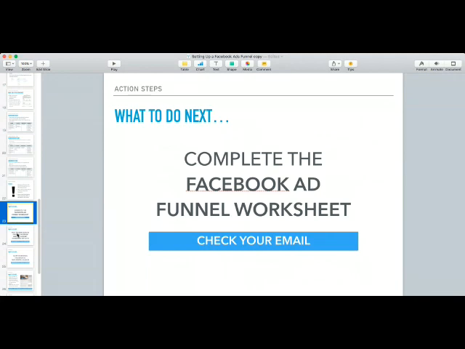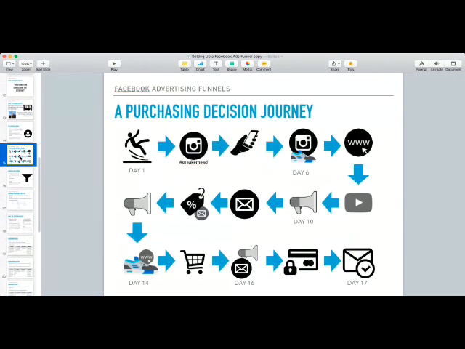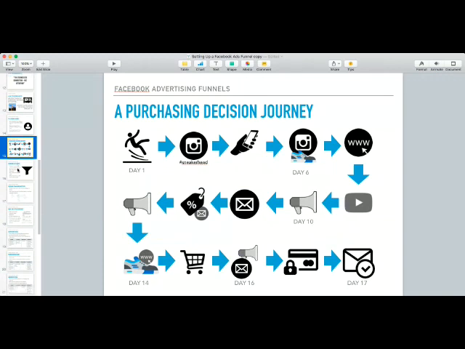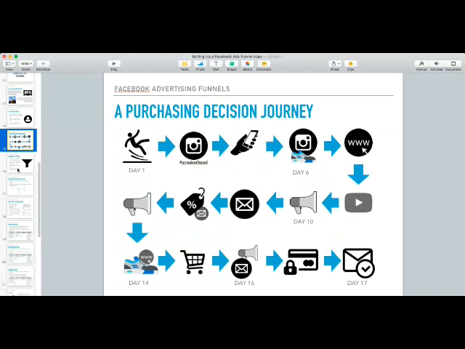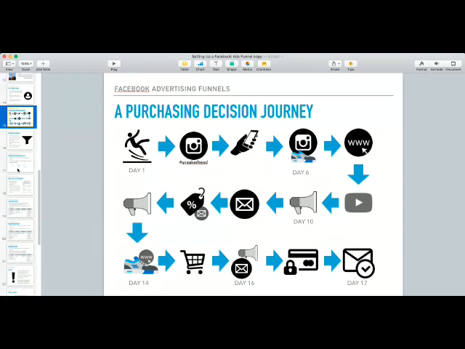And whether you use that worksheet or just a whiteboard and a piece of paper, think about that journey that customers have, like I've mapped out here, and think about the journey that you have in purchasing something in general, like the last time you purchased something online or made a big decision. If you don't offer a $100 pair of shoes, which I'm sure not a lot of people do, what service can you think about where you've had to make a big life decision, and the decision process and research that you went through?